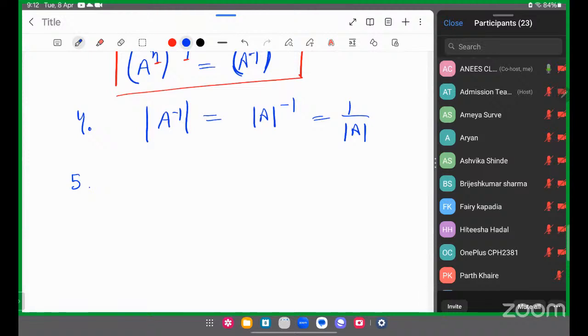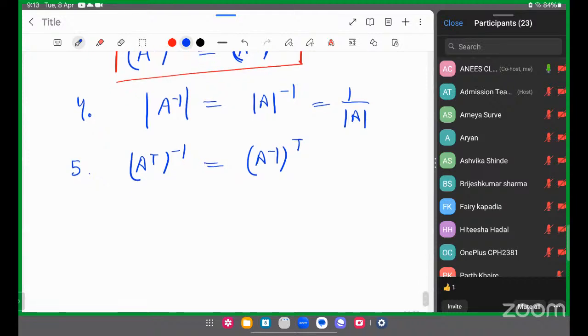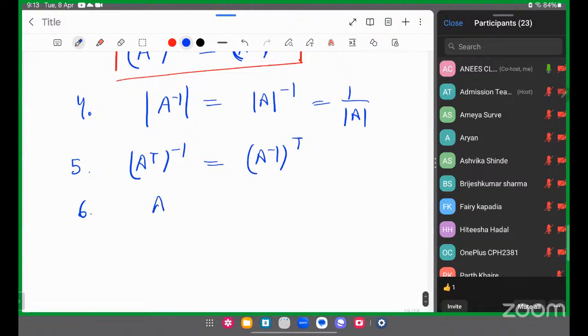Number 5 is inverse of transpose matrix will be the same as transpose of the inverse, which clearly indicates that transpose and inverse are interchangeable, same as power and inverse are interchangeable. Next point is number 6, A multiply A inverse or A inverse multiply A obviously will be I. This is the basic definition.